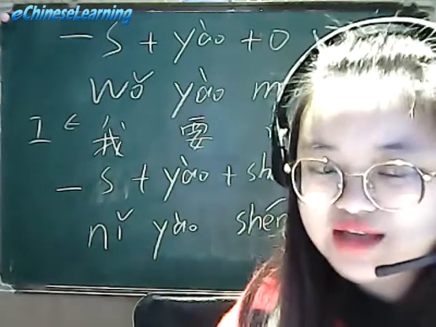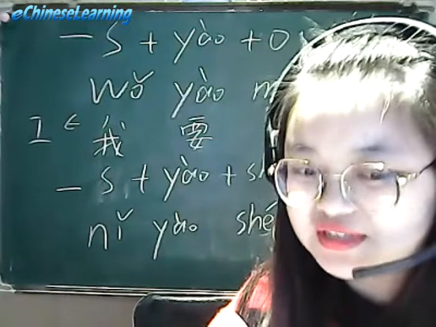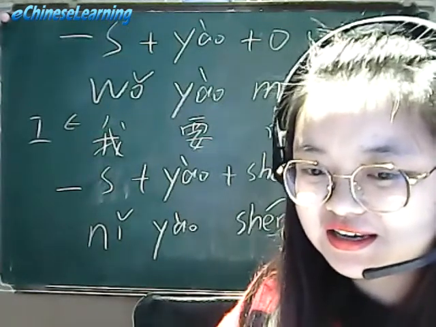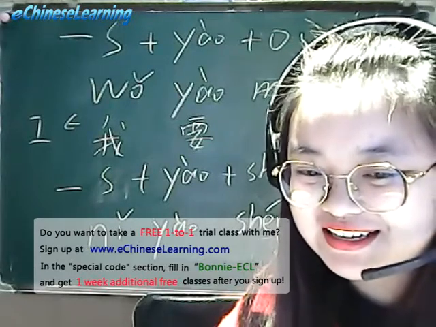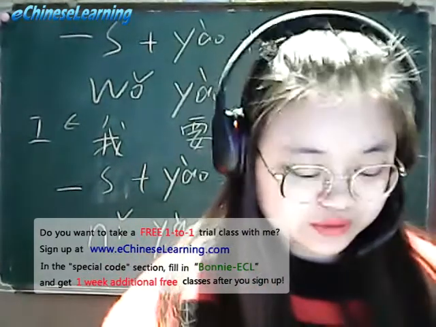Great. And 我要面包. So 你要什么. Great. How about juice? 你要什么. Great. 果汁. Let me type here.